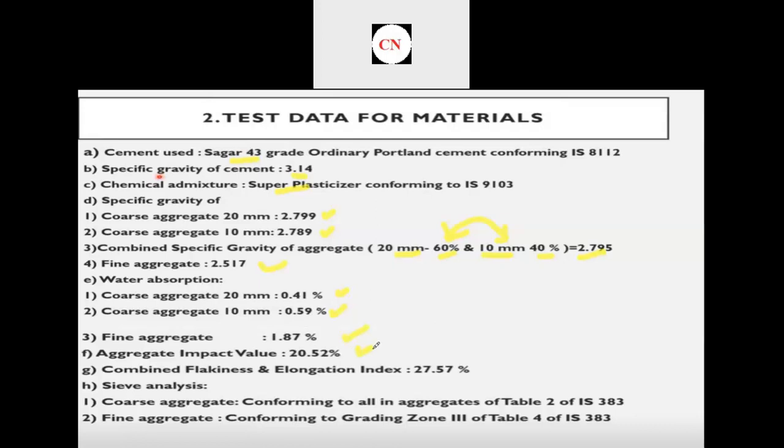Aggregate impact value is 20.52%. Combined flakiness and elongation index are 27.57%. And as per the sieve analysis, these values are shown in the bottom. Coarse aggregate conforming to all-in aggregate of table 2 of IS 383, fine aggregate conforming to grading zone 3 of table 4 of IS 383.